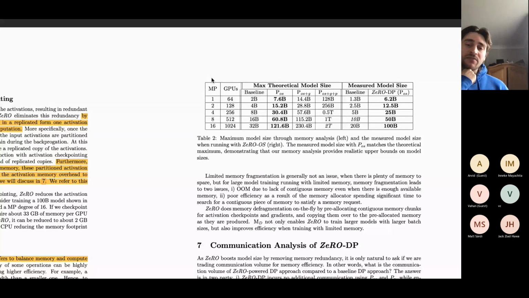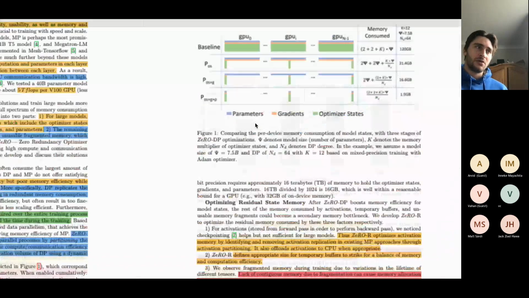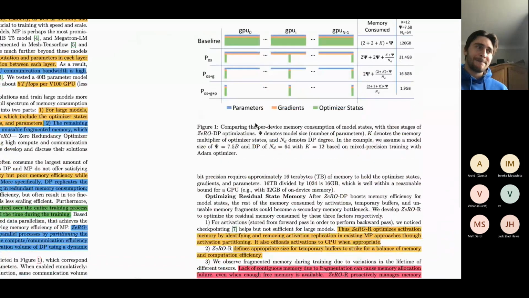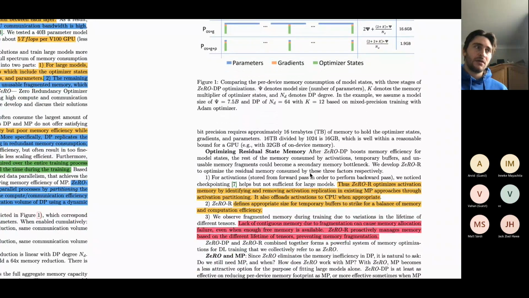Well, I don't think they would probably just override the activations every time they save them. Checkpointing is actually not a part of this. Let's see. They say that checkpointing can occur in parallel with ZeRO-R. So they don't actually checkpoint in their ZeRO-R method.